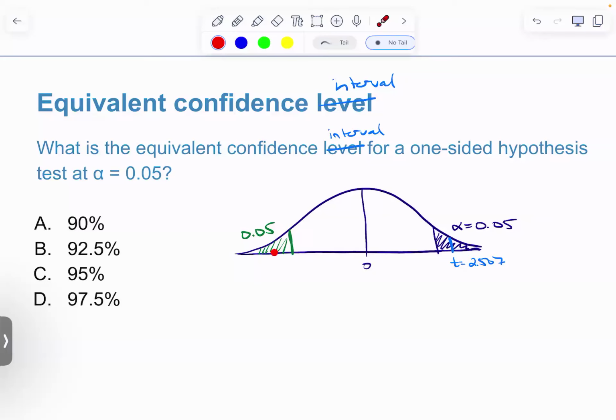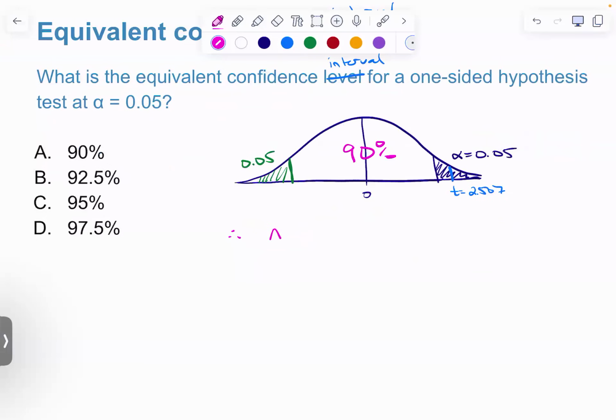So if you want your confidence interval results to match your hypothesis testing results for a one-sided test, then you have to tack on the alpha level on the other side as well. Okay? Which means if I have 5% here and 5% here, then I've taken away 10%, which means that I'm left with a 90% confidence interval in the middle.